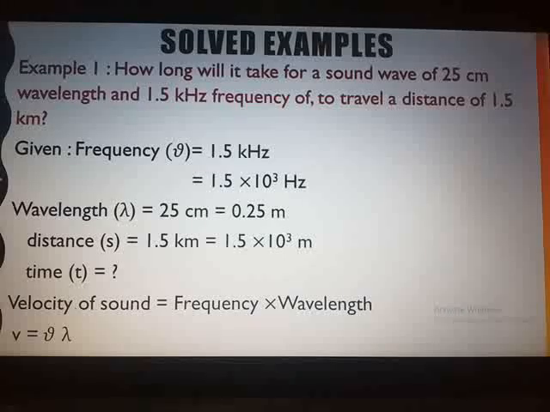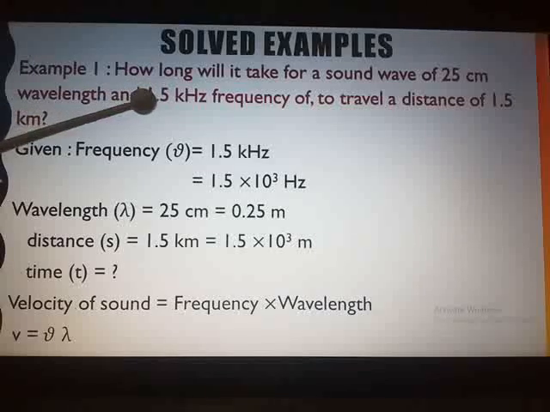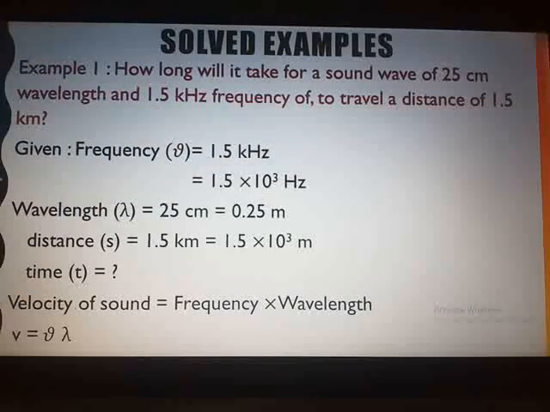How long? What they have given? Frequency is given and they have given the wavelength. Frequency nu is given as 1.5 kilohertz, which we will convert into hertz. As you know, 1 kilometer is 1000 meter, 1 kg is 1000 grams, so 1 kilohertz is 10 raised to 3 hertz.